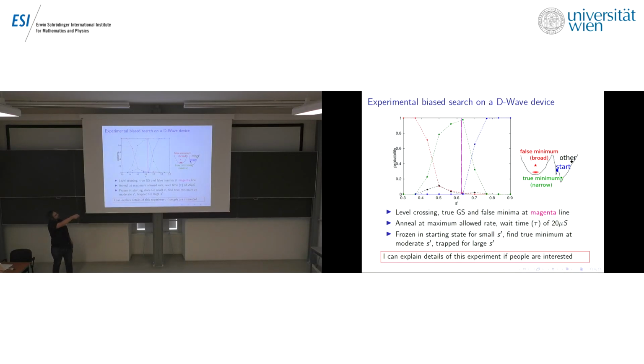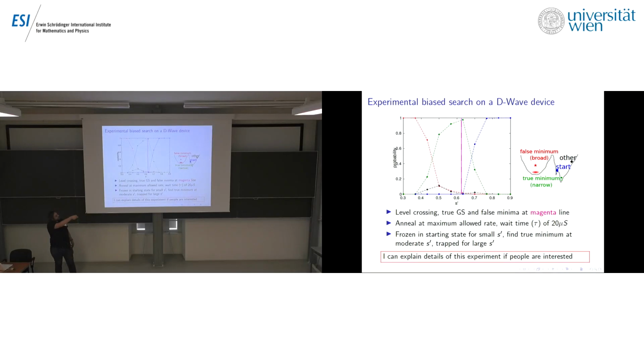But if you make a landscape where you have a false minimum here, a true minimum here, and you start near your true minimum in the Hamming distance sense, but far from your broad minimum, this S prime parameter is effectively, going in this direction, how much you search. So this direction is searching a lot, this direction is searching not a lot.